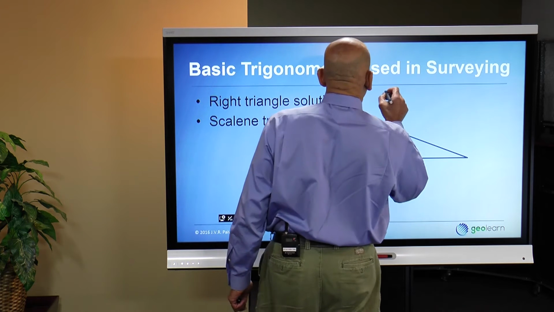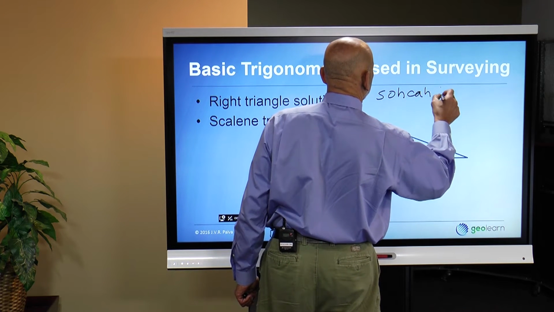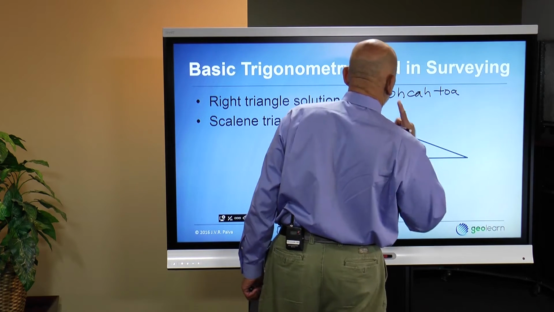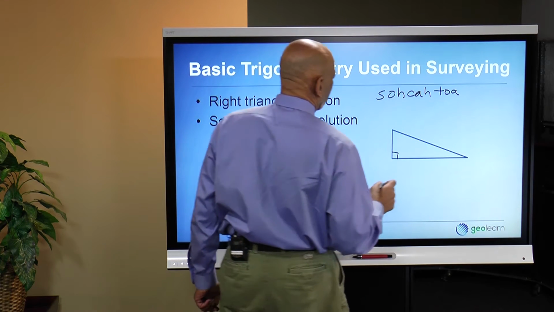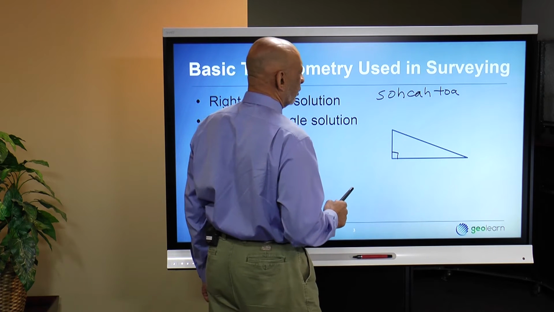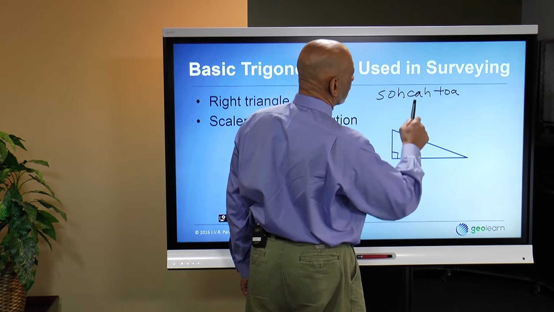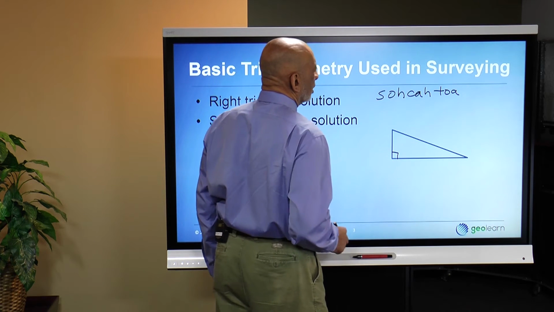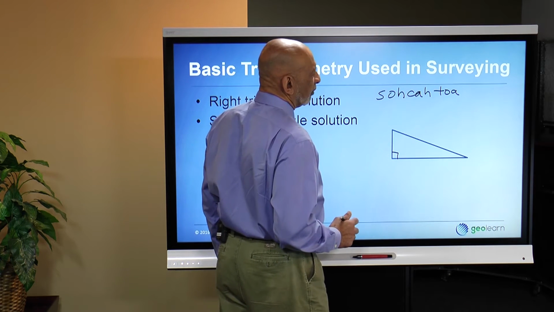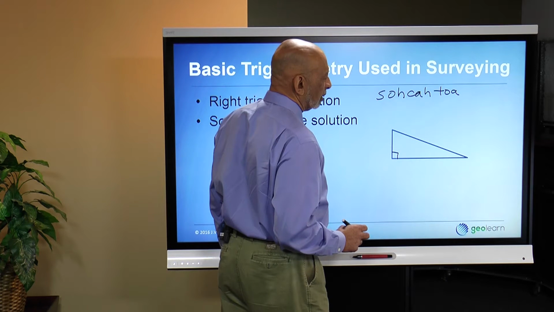And one of the mnemonic devices that I've talked about earlier is SOHCAHTOA, where we say that the sine of an angle is equal to the ratio of the opposite side divided by the length of the hypotenuse. The cosine is the length of the adjacent side divided by the hypotenuse, and that the tangent is the ratio of the opposite side divided by the adjacent.